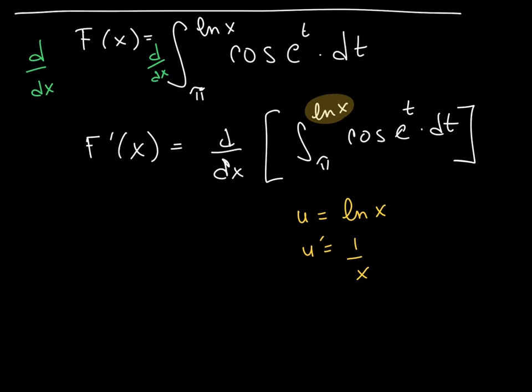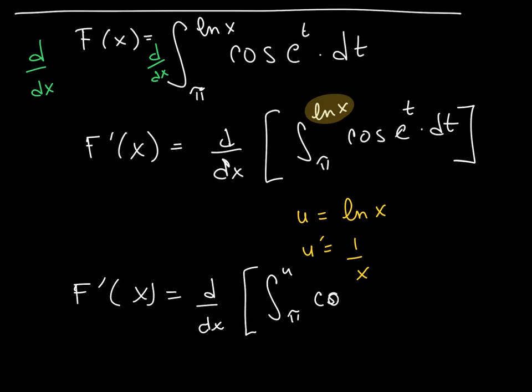So let's rewrite everything. So now I know that f prime of x is equal to d dx of the integral from u to pi of cosine of e to the t dt, but then we need to multiply all of this times u prime.